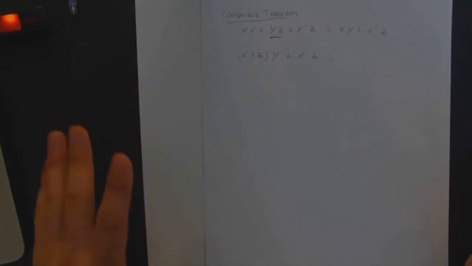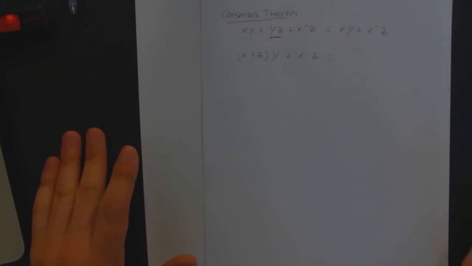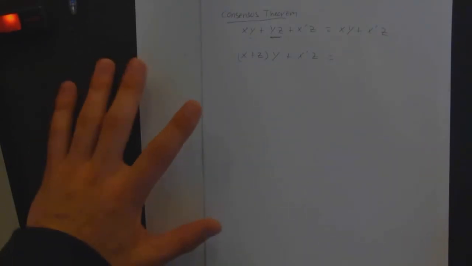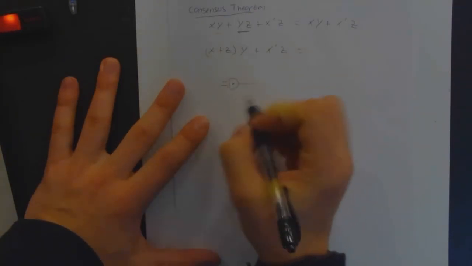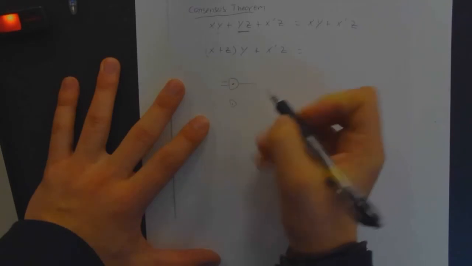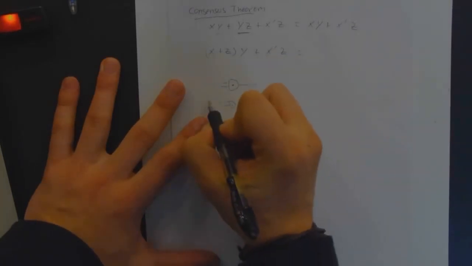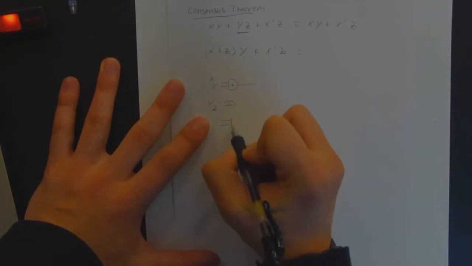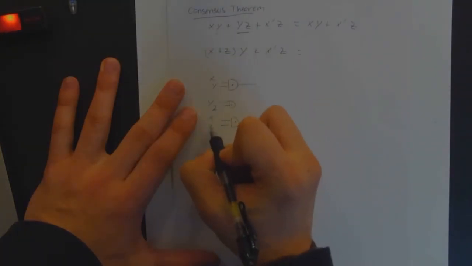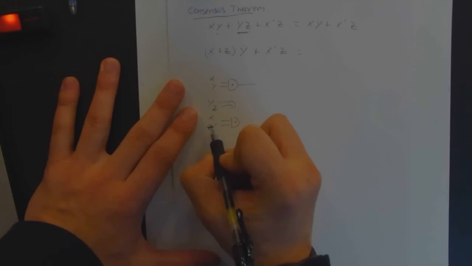Okay, so if you look, the reason this is called the consensus theorem is because this item right here is known as the consensus term. It's a redundant term. So let's see if we can see it by drawing out the circuit.